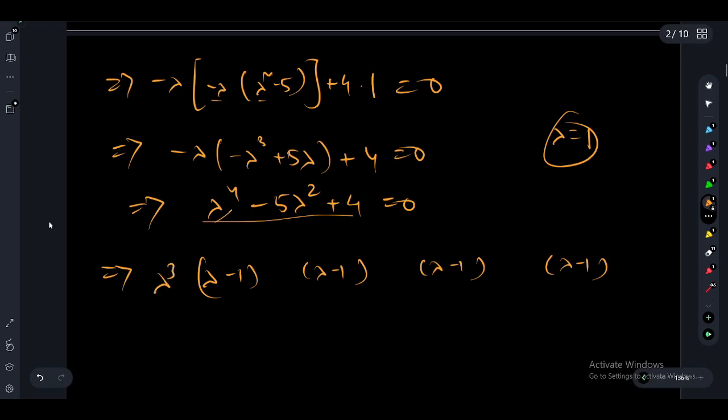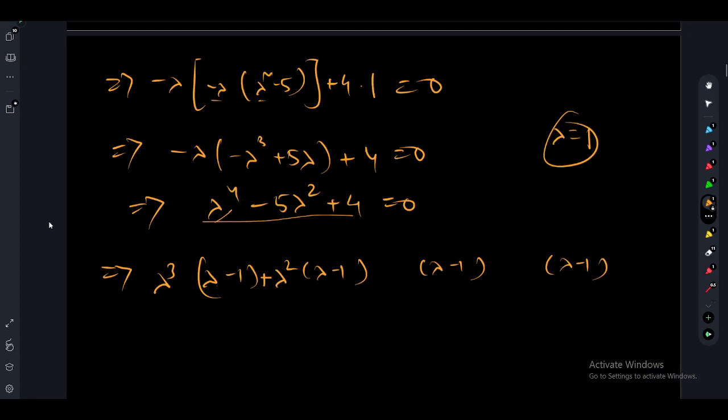Lambda cube into lambda is lambda to the power 4. Lambda cube into minus 1 is minus lambda cube, there is no lambda cube in this equation, so we take plus lambda square, so minus lambda cube plus lambda cube equals 0.